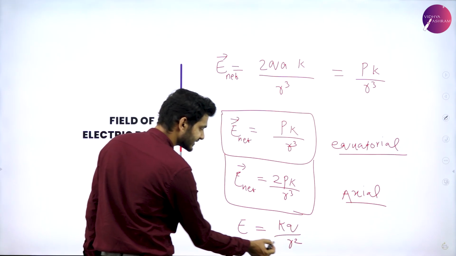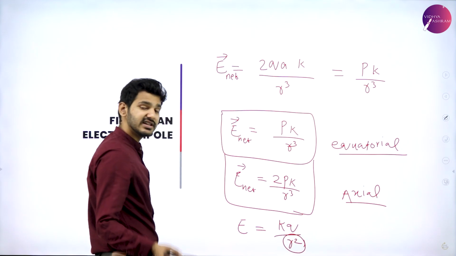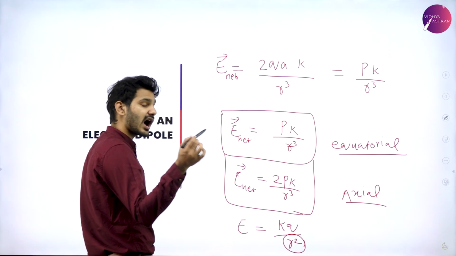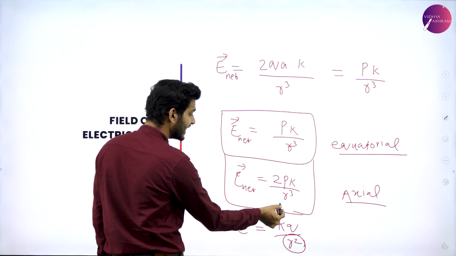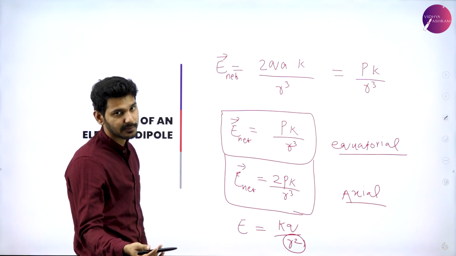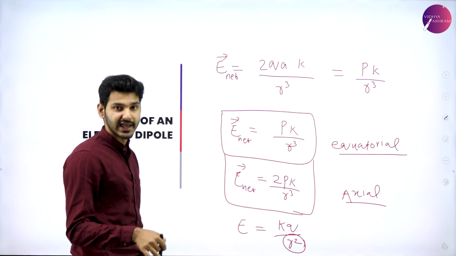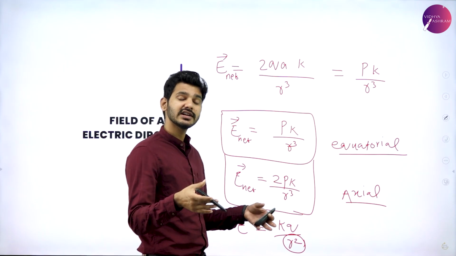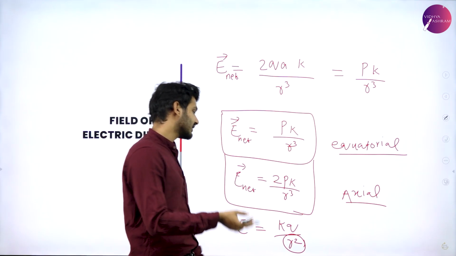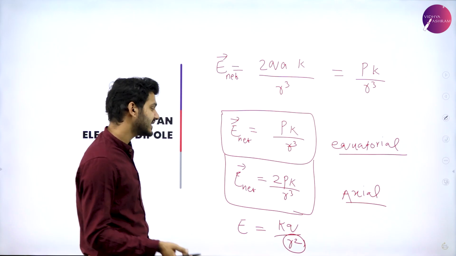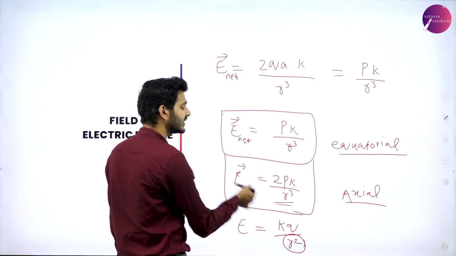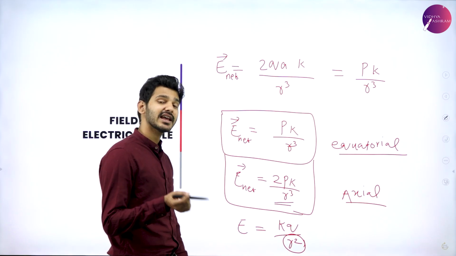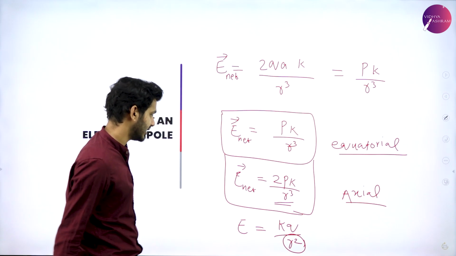So as distance increases, it decreases by a factor of r square. But here you can see that as we move long distances away from a dipole, the electric field strength decreases by the cube of its distance. That is again an observation found here.